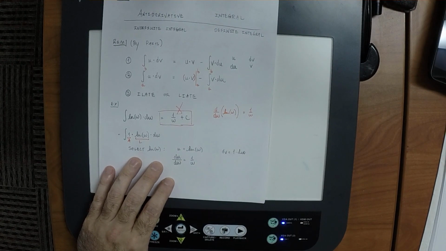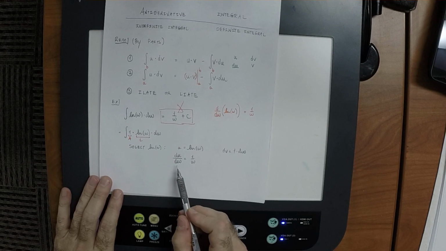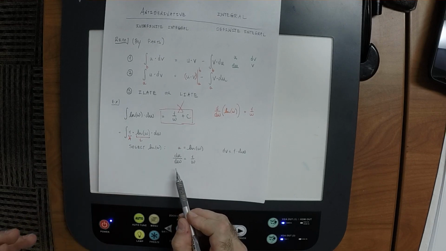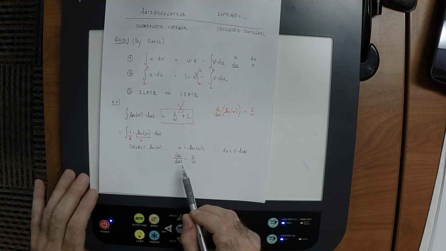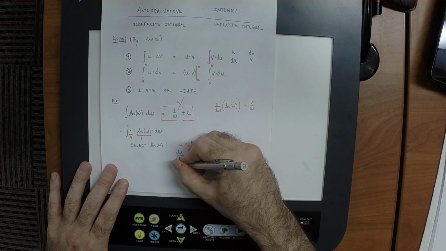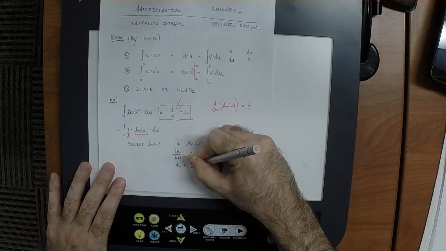And then of course, I hope your calculus instructor said loudly and strongly that even though du dw looks like a fraction, like 3/4, it's not a fraction. Nevertheless, the way things are, you can actually treat it like a fraction, and you can solve for du and get this, 1 over w dw.